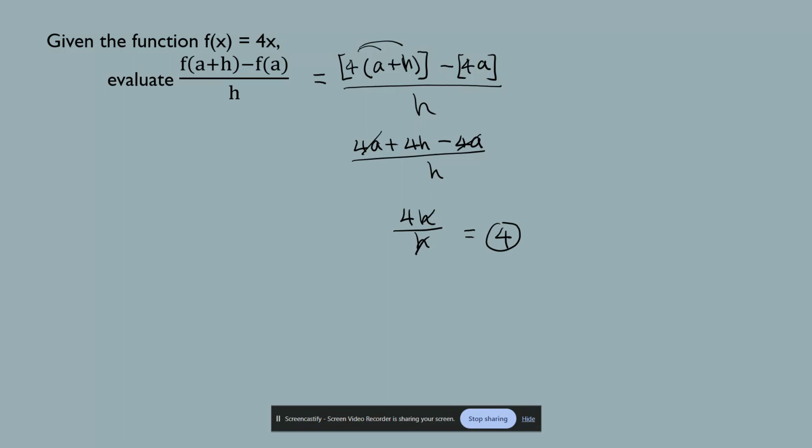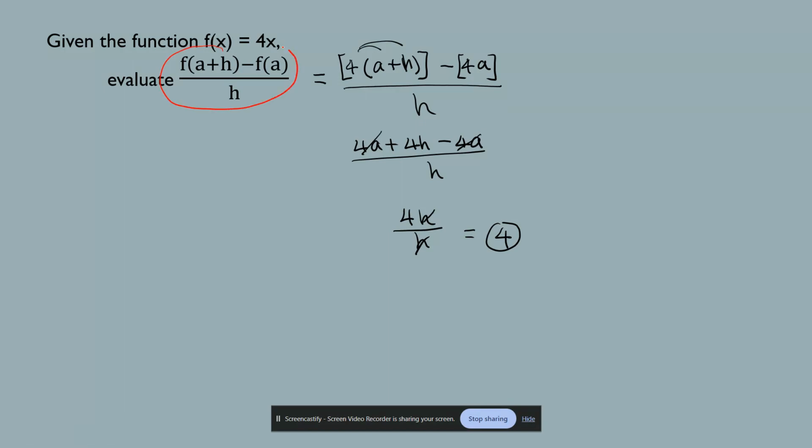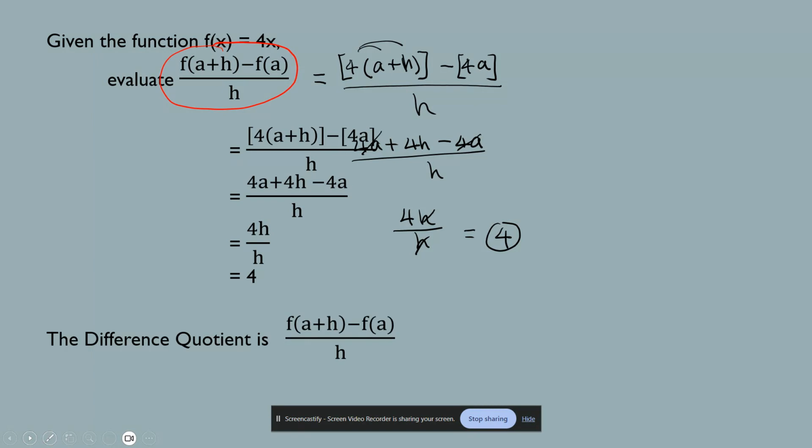And this is a very important and useful equation that I will expect you to know and memorize. This part here we call the difference quotient, which is f of a plus h minus f of a over h.